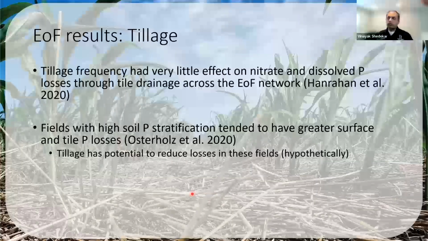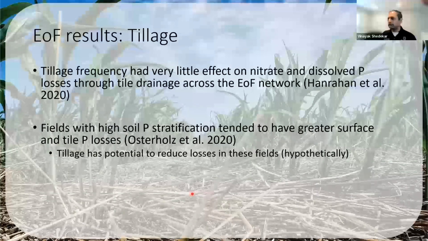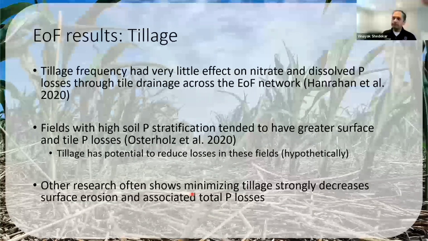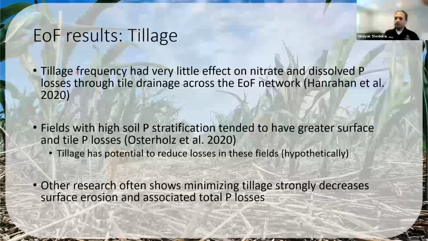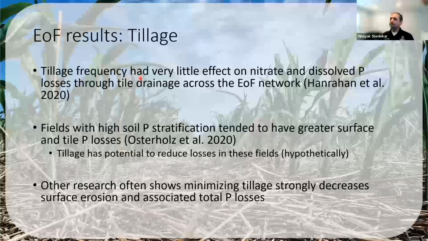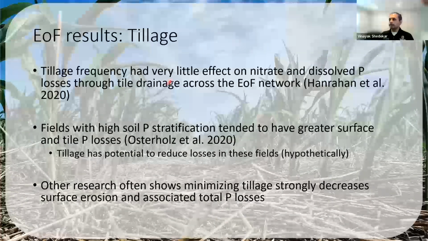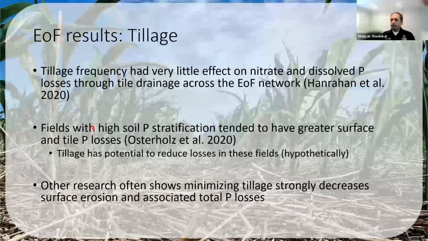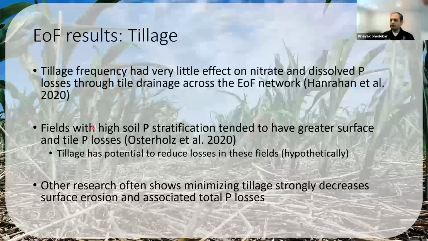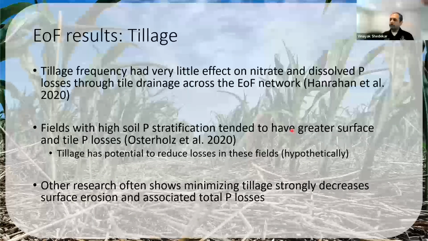They have explored a similar topic using tillage as a treatment. So in general, tillage frequency has very little effect on the nitrate and dissolved phosphorus losses. Fields with more stratification of phosphorus tended to have greater surface and tile phosphorus losses.